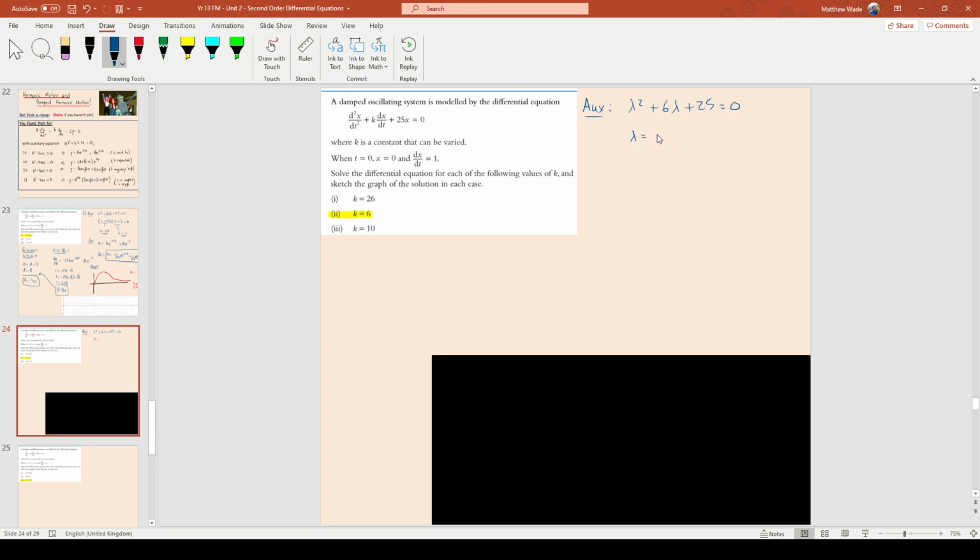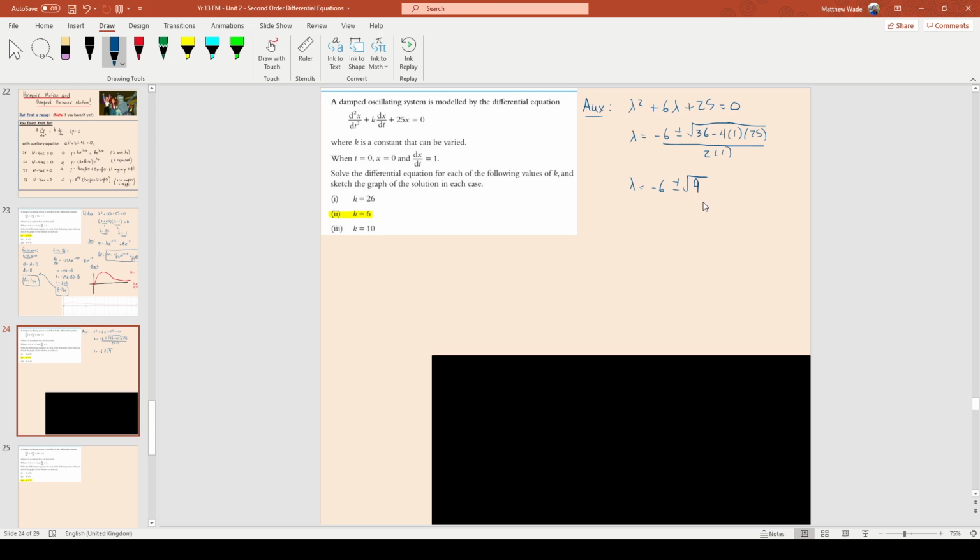So lambda equals negative 6 plus or minus the square root of 6 squared, minus 4ac, minus 4 times 1 times 25, all over 2a, 2 lots of 1. So lambda equals minus 6 plus or minus the square root of 36 take 25 is 9.